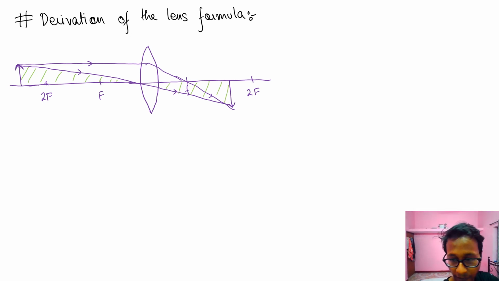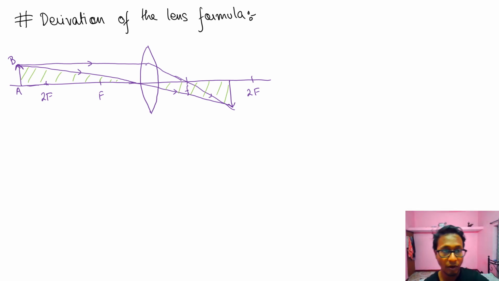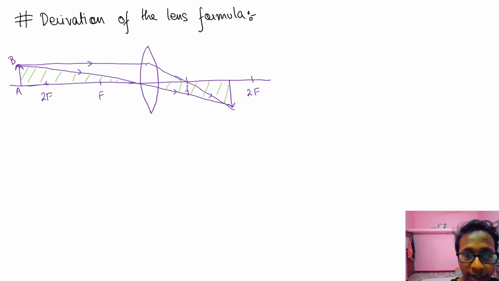Out here, AB is nothing but the object height, and the image height becomes A dash B dash. P is the pole, so the distance from object to pole is PA, and from pole to image is PA dash. From the similarity of this triangle and this triangle, can I say AB by A dash B dash is equal to AP by A dash P?